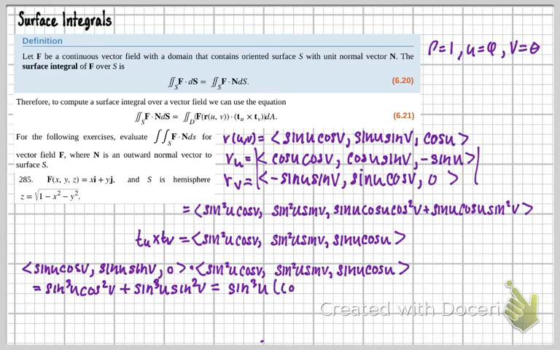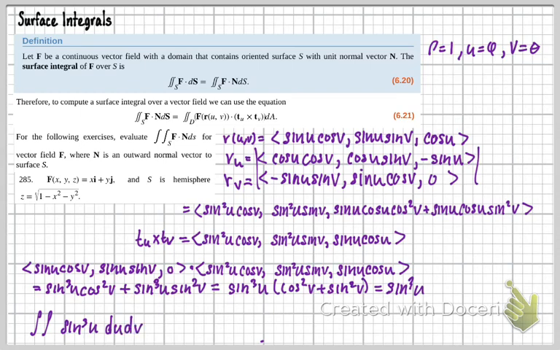And I'm left with cosine squared v plus sine squared v, and that equals sine cubed u. So I'm actually going to do a double integral now here of sine cubed u du dv.